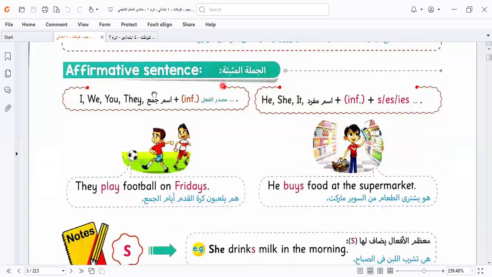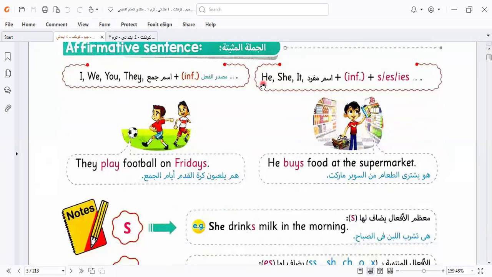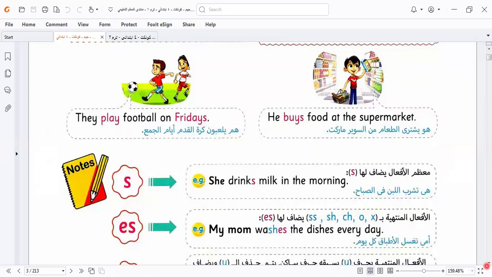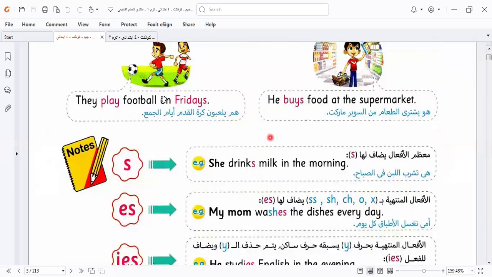We have here the affirmative sentence, meaning a sentence that is not negative, okay? We have the plural pronouns, which don't take s, but the singular pronouns take s. Which ones? I, you, we, they don't take s, while he, she, it take s. Let me give you an example.